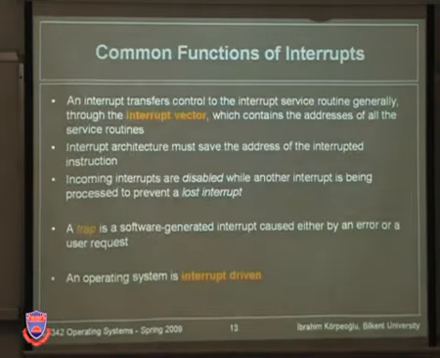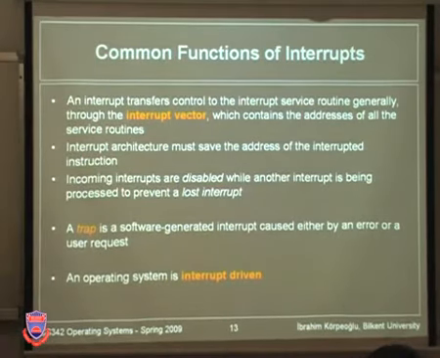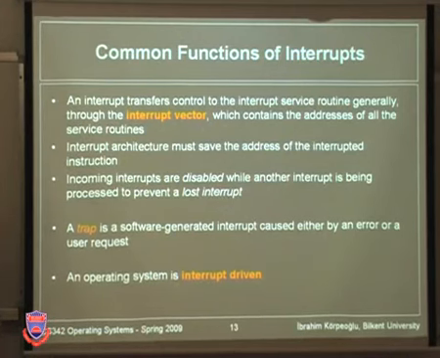And after you finish handling the interrupt, what do you do? You again give the CPU to the application that was suspended, so that the application can continue from where it stopped.